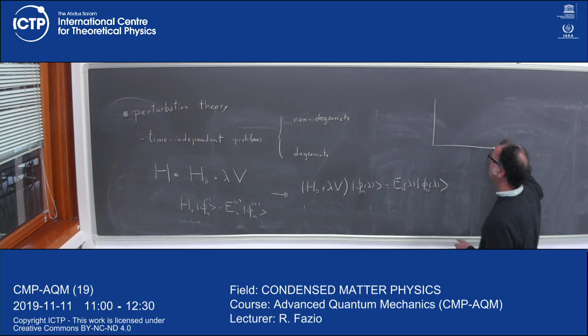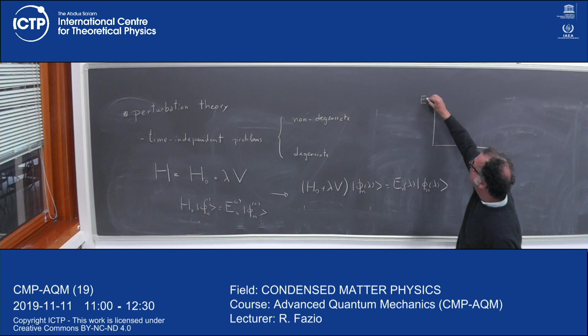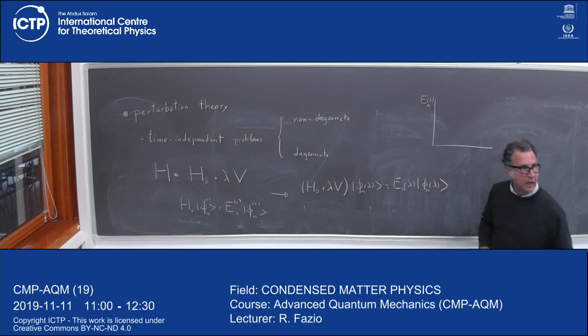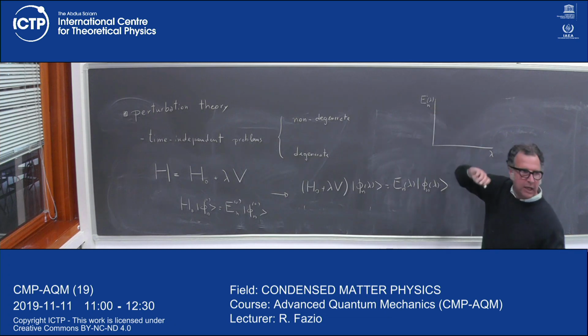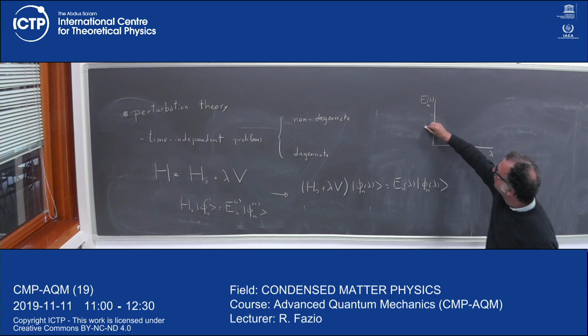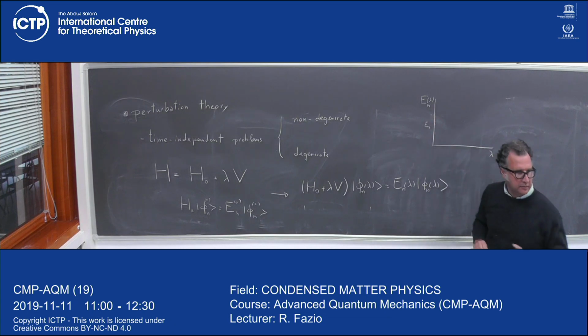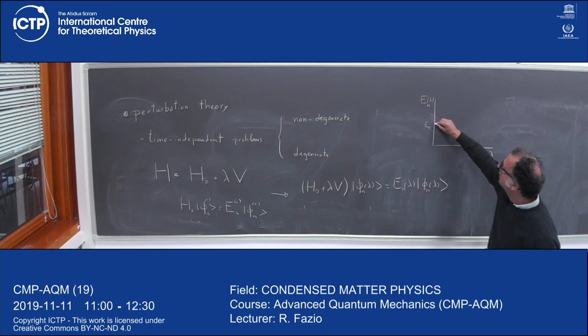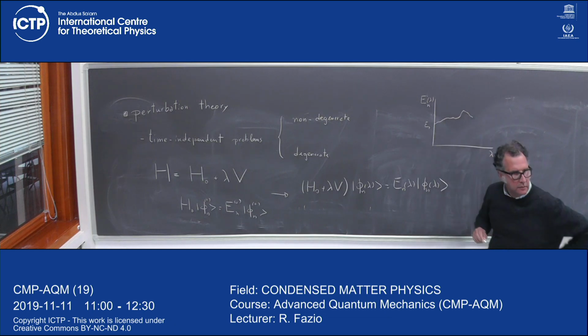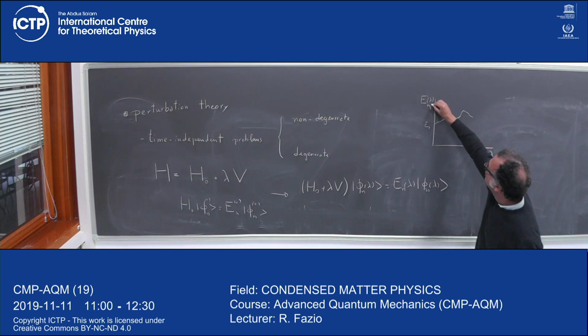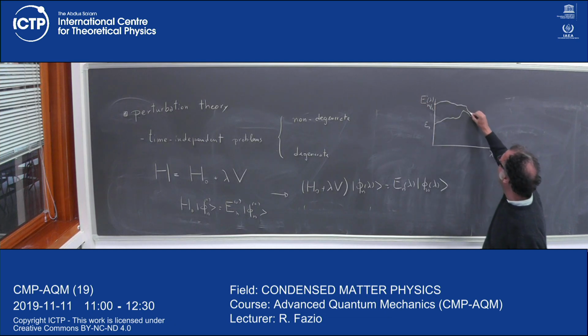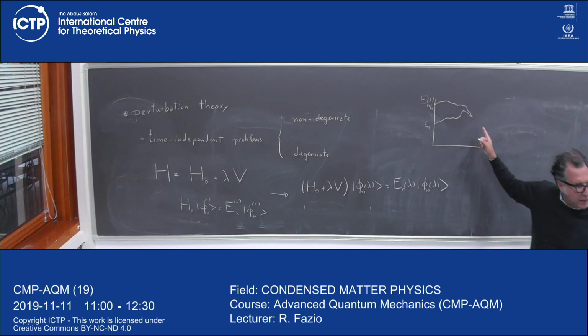So this means that, for instance, if I would plot the eigenvalues as a function of lambda, then, for instance, I just pick up a given one, okay? Then I should expect that, say, suppose this is E3, then I will have something, okay? So I have E4, this is E4, and I have something else. This is just an invention, okay?